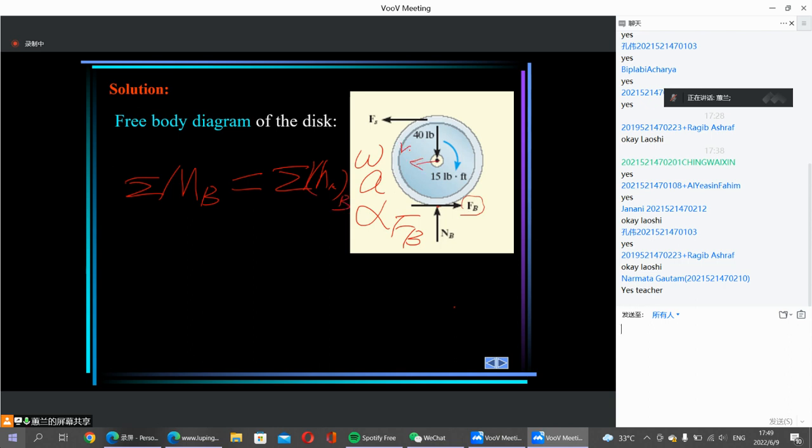So this is m a_G, this is I_G alpha. From the FBD, the moment will be Fs, and the couple has moments about point B, and sigma M_kB will have not only I_G alpha, but also m a_G will have moment about point B.